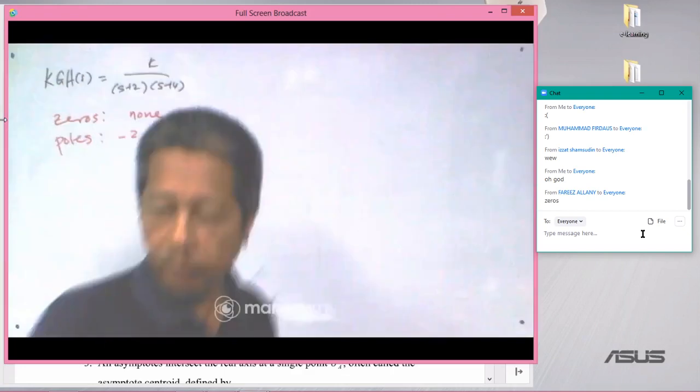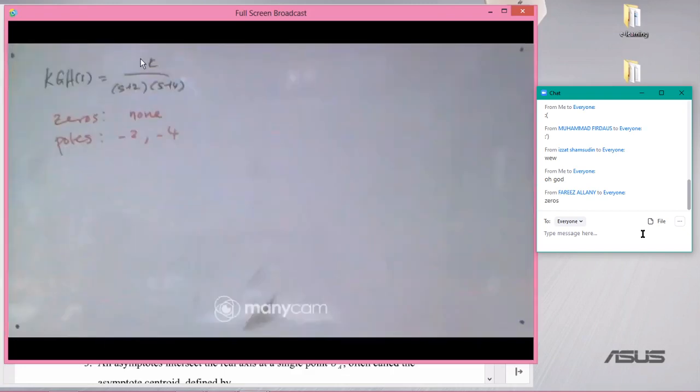There are no zeros because you don't have s in the numerator. You only have k, and you have two poles at -2 and -4.